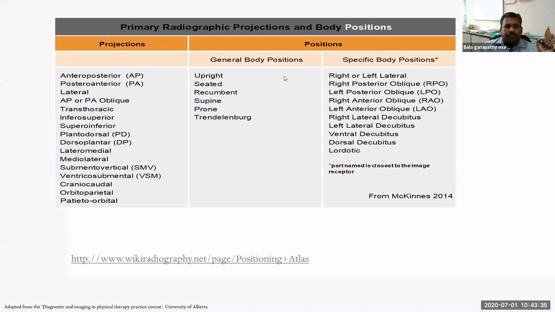No, I'm able to see the screen of these projection positions, but the WikiRadiography.net you showed is not getting seen. You have to share that screen. Oh, just a second.